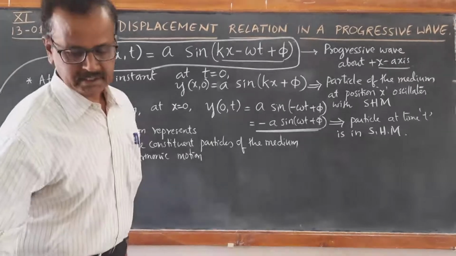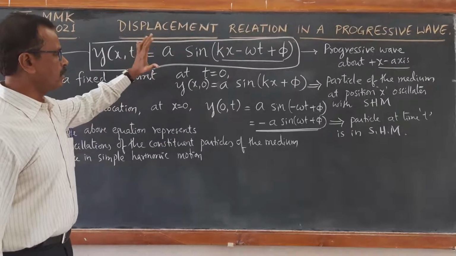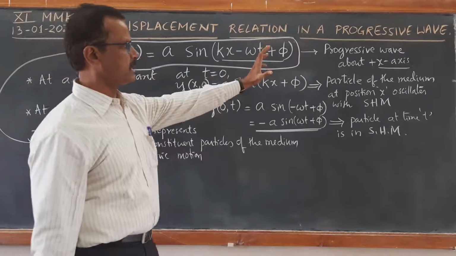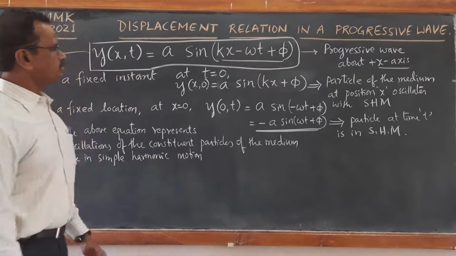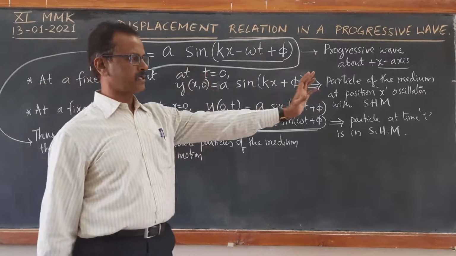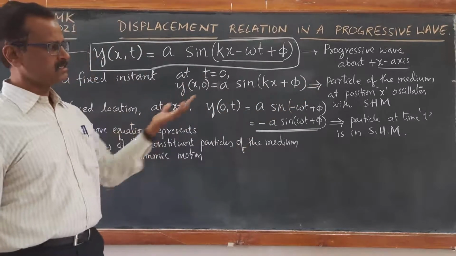Thus, it represents a sinusoidal progressive wave, or a harmonic progressive wave, about a fixed axis, that is, along the positive x-axis. Now we may encounter a wave traveling along the positive x-axis, or a wave traveling along the negative x-axis in the reverse direction.